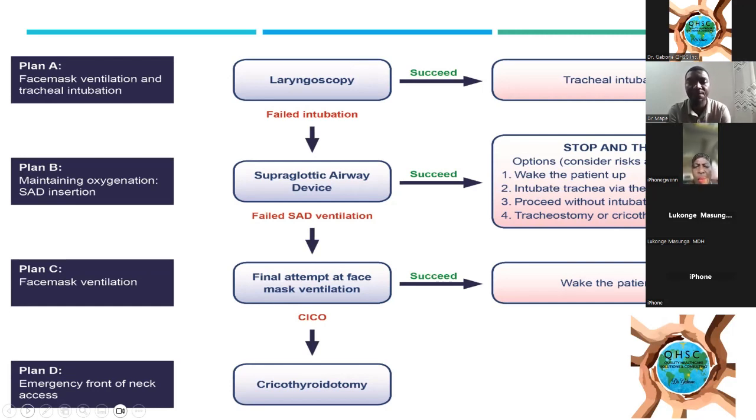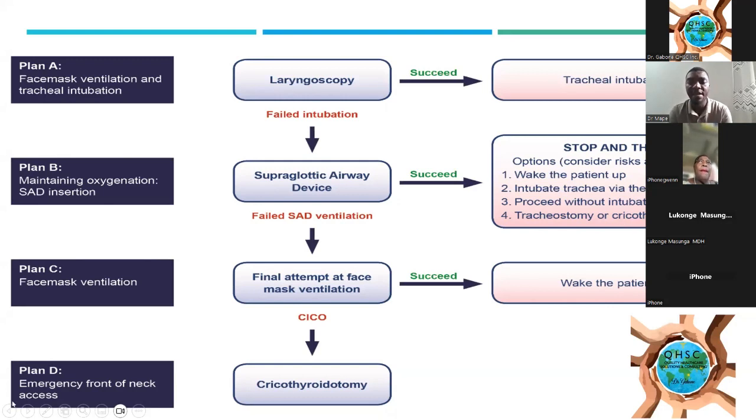This includes LMA, which you will use as a rescue. So if you succeed to oxygenate the patient with the LMA, you will have now to stop and think of the options. Should I wake the patient up? Should I intubate using the supraglottic intubating LMA?